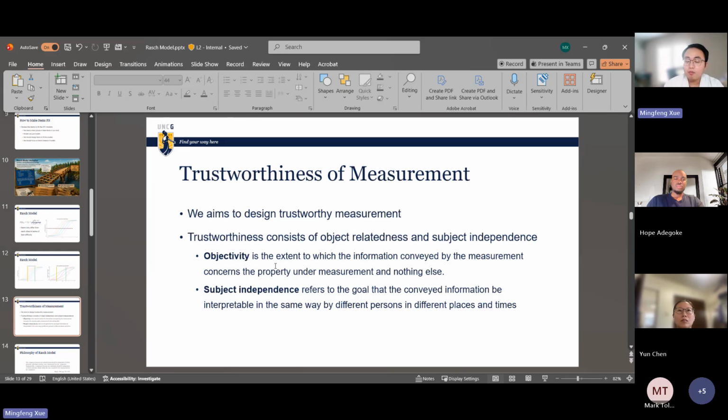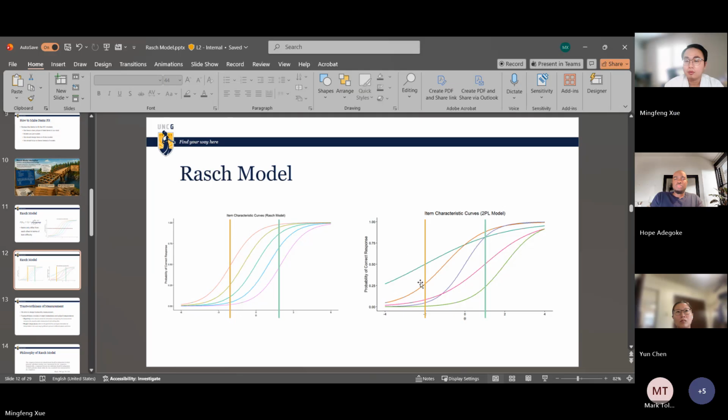For today's presentation, let's focus on subject independence. It refers to the goal that the conveyed information will be interpreted in the same way by different persons in different places and times.